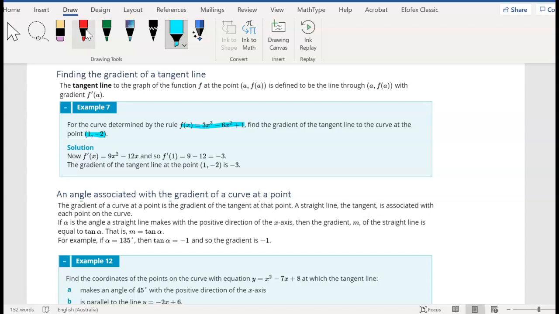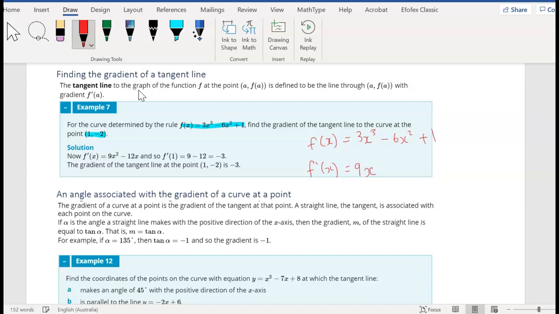We've got the solution here, but I might explain it over here. So we've got f of x equals 3x cubed minus 6x squared plus 1. For the derivative f dash x, we look at each term separately. So 3x cubed, our power is 3, so that's going to multiply the 3. So 3 times 3 gives you 9.